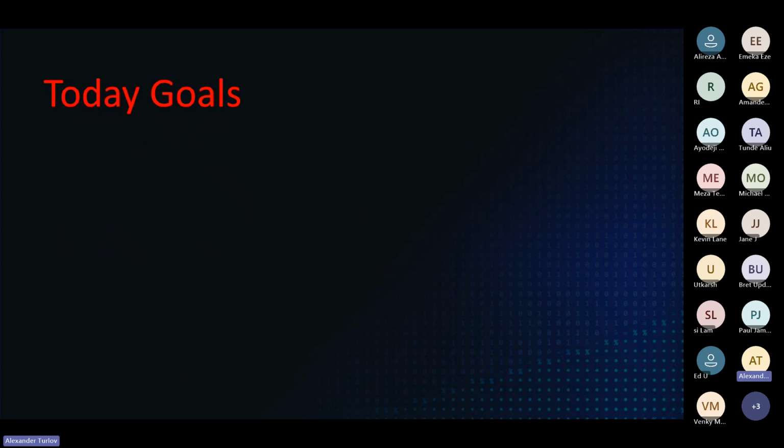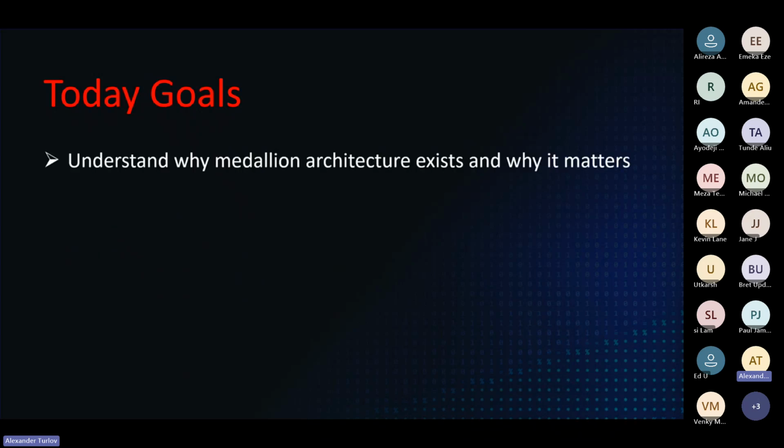Now, today's goals. Number one, we want to understand the why. Medallion architecture is not just a naming convention. It's actually a mindset, and a quality contract between the different layers, which we will learn.